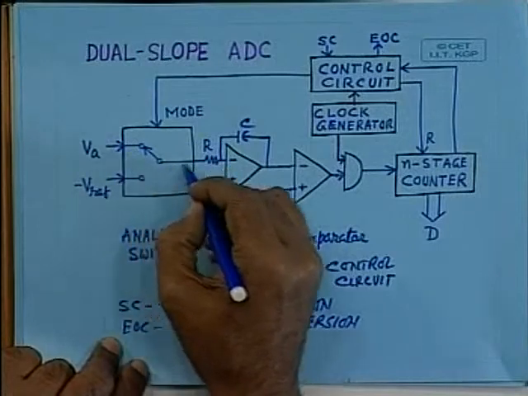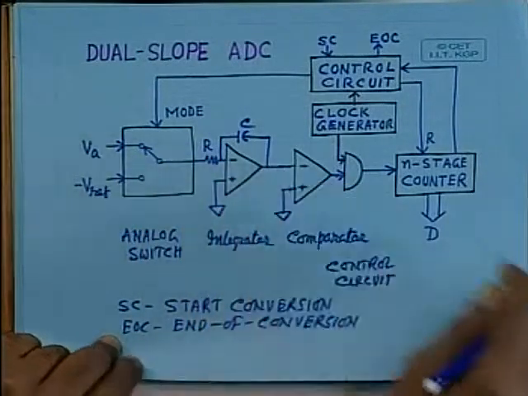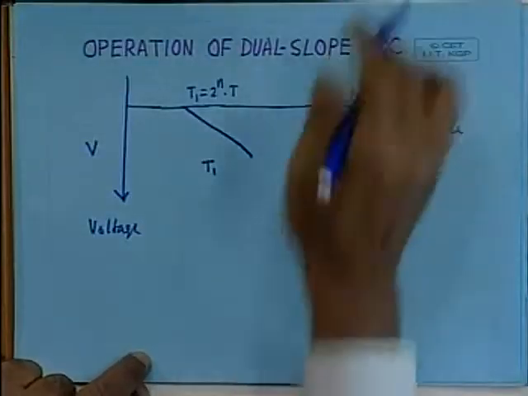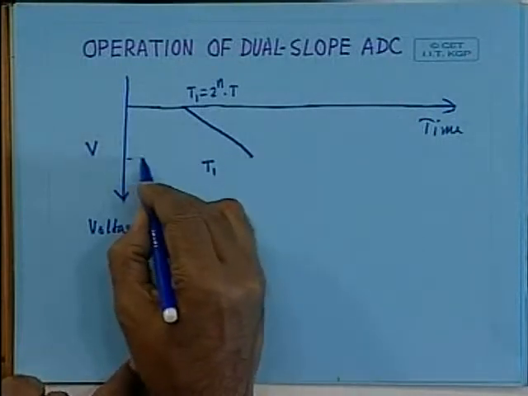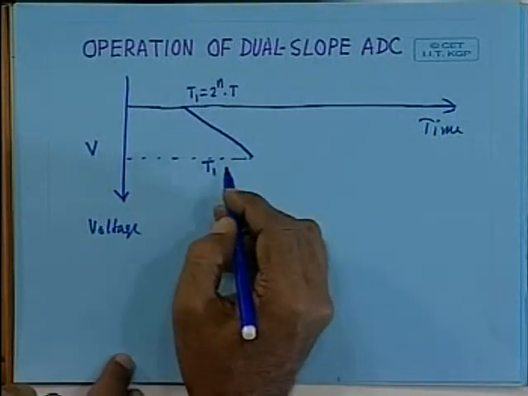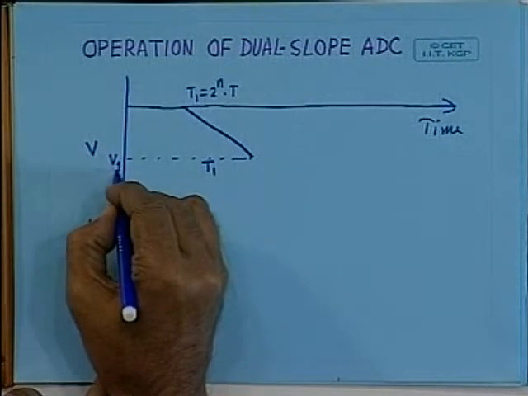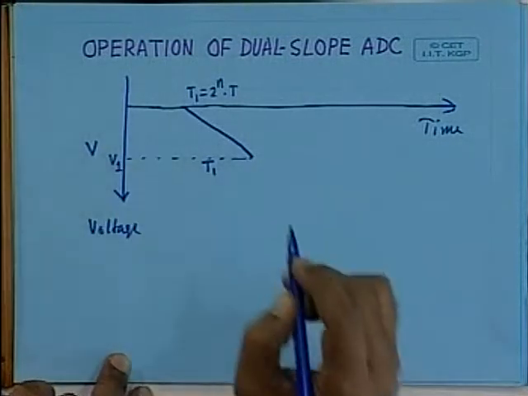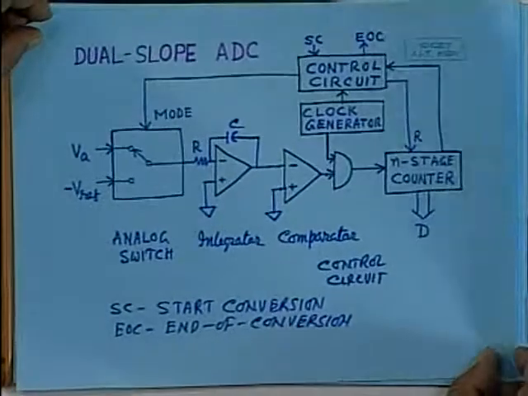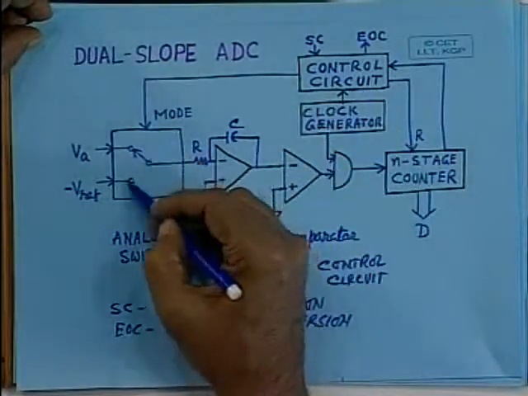So this input is integrated and the output goes in a negative direction and reaches a certain level, let it be denoted by V1. Now after time T1, the control circuitry changes the mode.